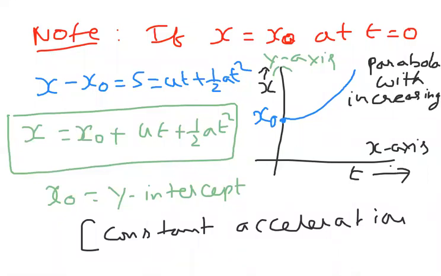So this graph is for a parabola with increasing slope. I hope this is clear, how we handle a parabola with increasing slope. This is the graph we have drawn for position-time with constant acceleration. Now let us observe the deceleration graph.